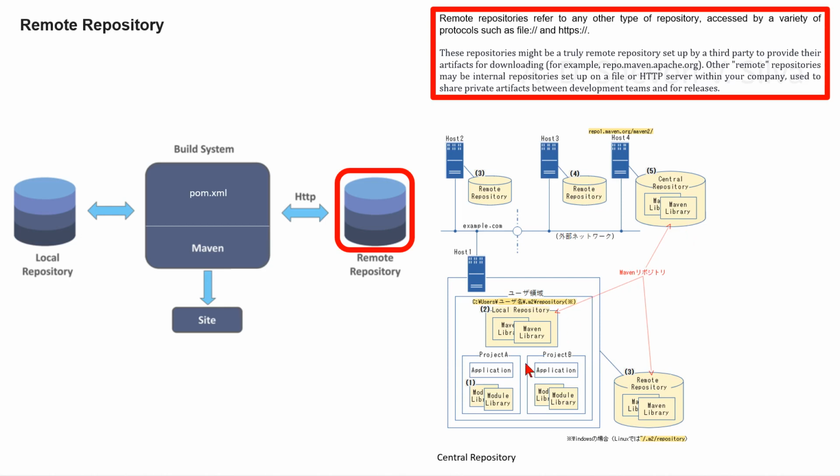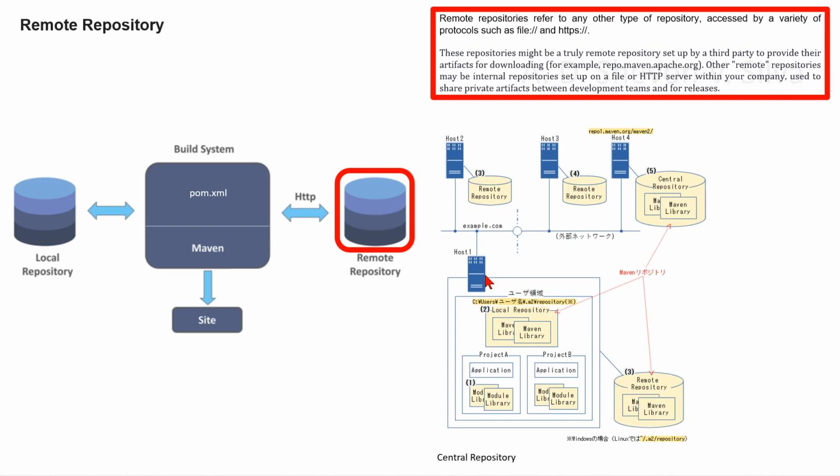Here you can see in step 1, project A and project B, an application and its module library, and here it's just the two, the local library, inside which Maven libraries are there. And in step 3, host 1 is connected to the repository and interacts with the remote repository. Inside it Maven libraries are there.